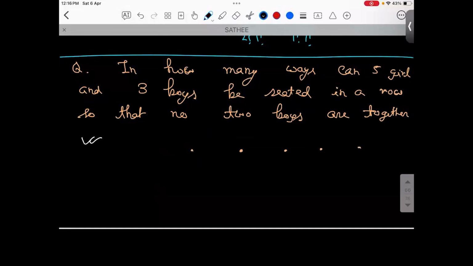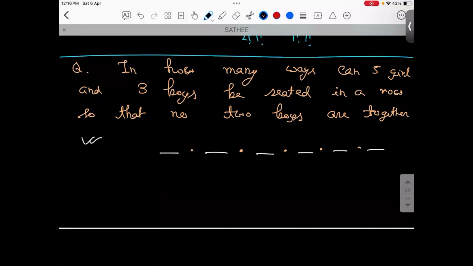Now to satisfy the second property, that no 2 boys are together, these 3 boys can sit in the vacant places.